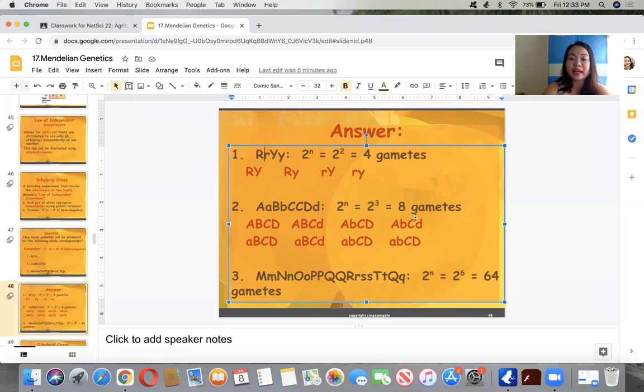So there are 8 gametes. And for M, 1, 2, 3, 4, 5, 6. In this combination there are 6 heterozygotes, so that's equivalent to 64 gametes.